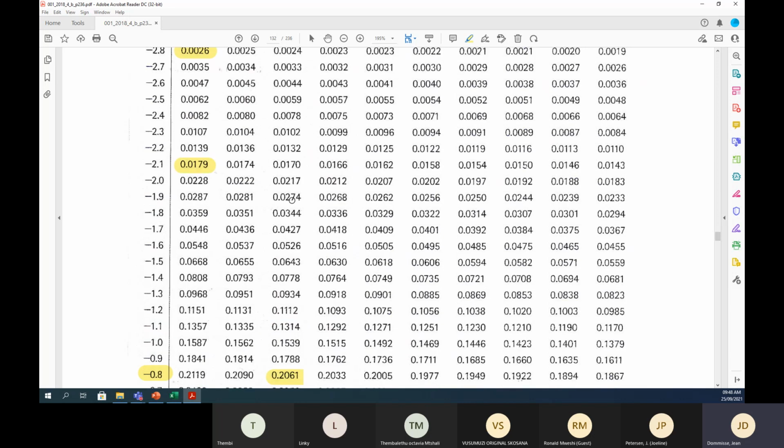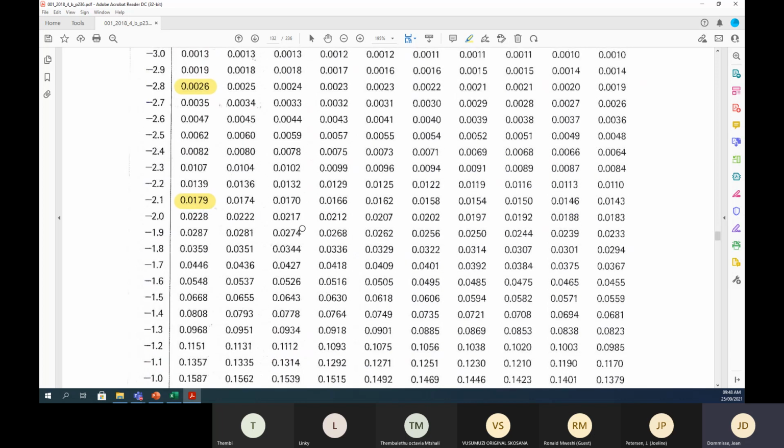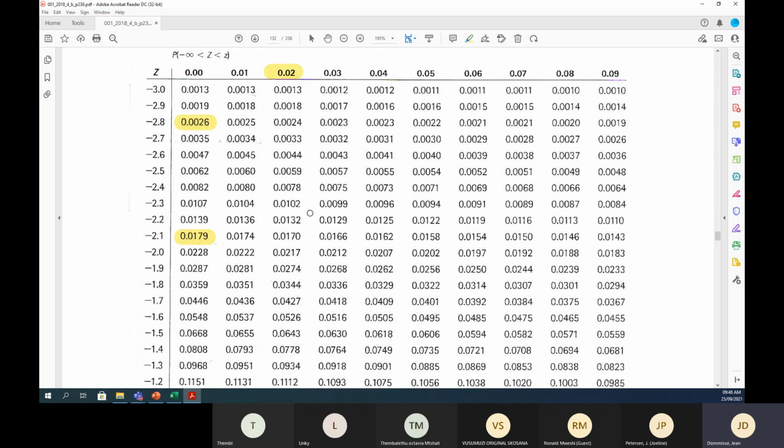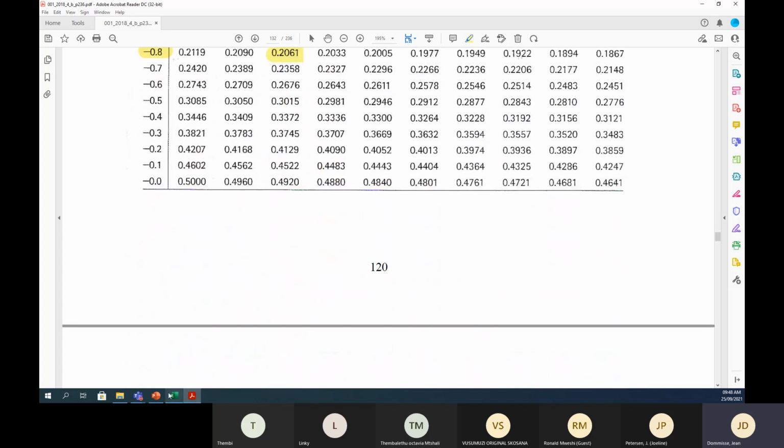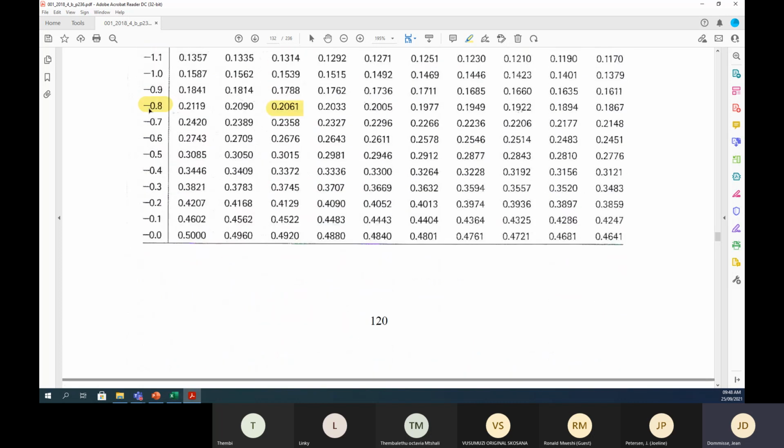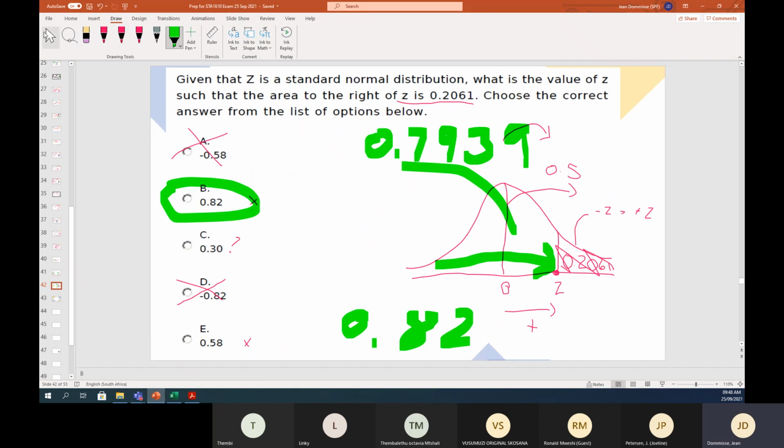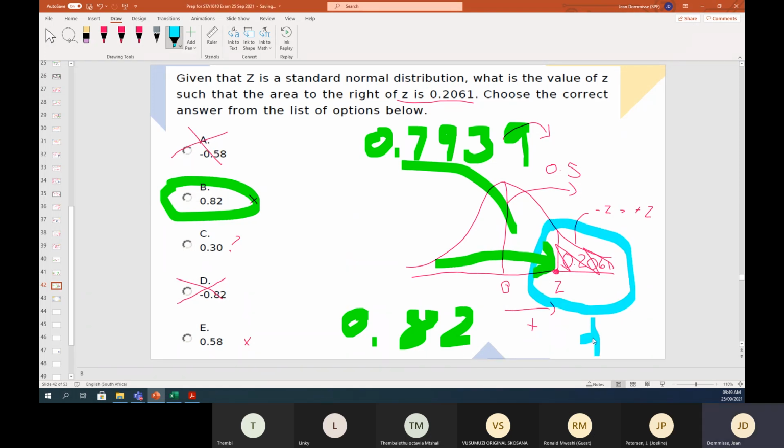Okay, so 2061 would have given us the 0.82 as well. Here now obviously it shows negative, but I'm working on this side of the table. So I always work on the positive side. So again, it gives me the 0.82. Okay, so I could have done it that way as well.